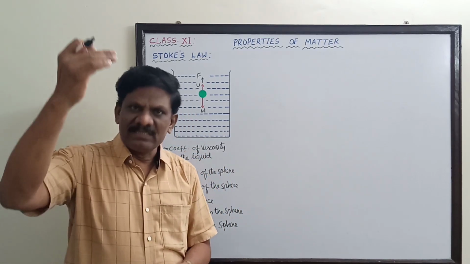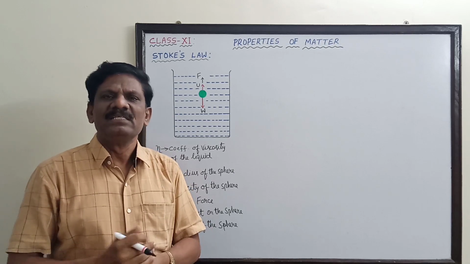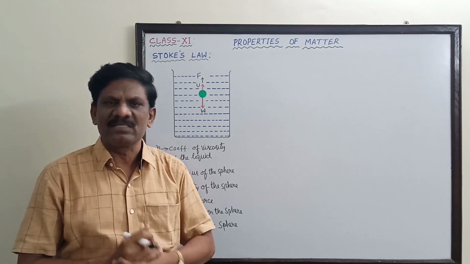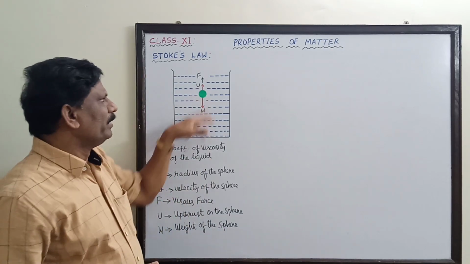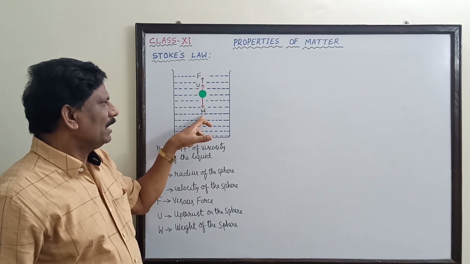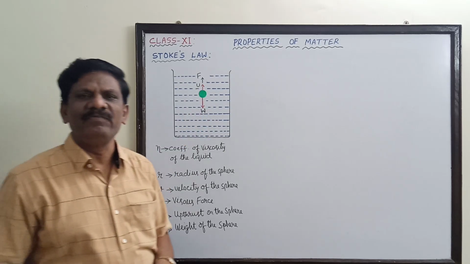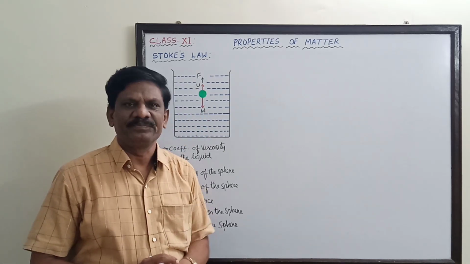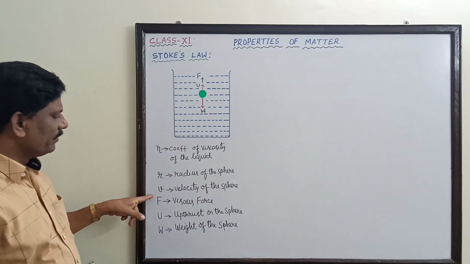Then as it descends, the velocity is continuously increasing till it reaches a maximum constant velocity called the terminal velocity. So in between the starting point and the terminal velocity, any value of the velocity we are going to consider today.